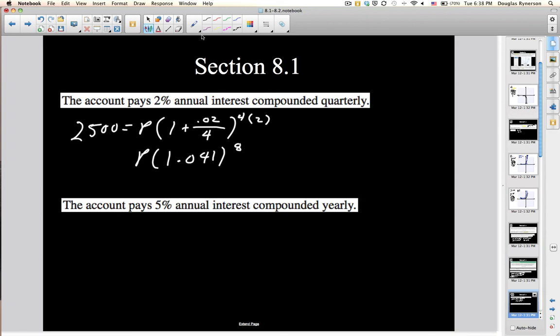So $2,500 is equal to P times approximately 1.041. So the amount I would need to invest would be even more, $2,402.21.